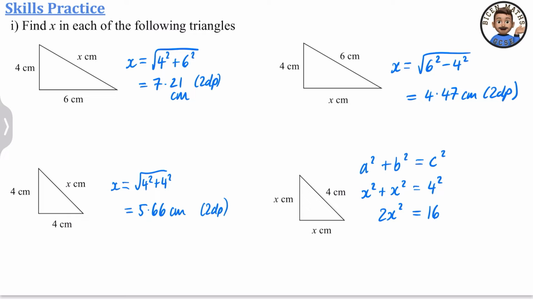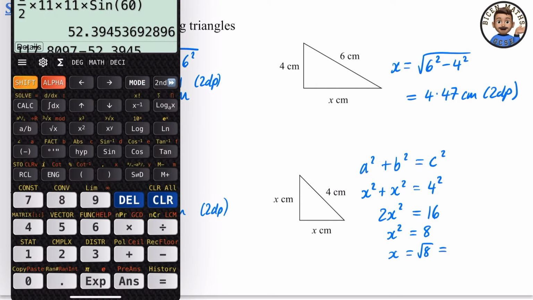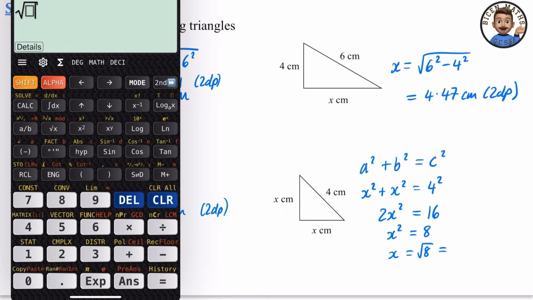Now I solve this equation: I halve both sides so x squared is equal to 8, and then I do the opposite of squaring, which is square rooting. So x is the square root of 8, which on the calculator is 2.83 centimetres, to 2 decimal places.